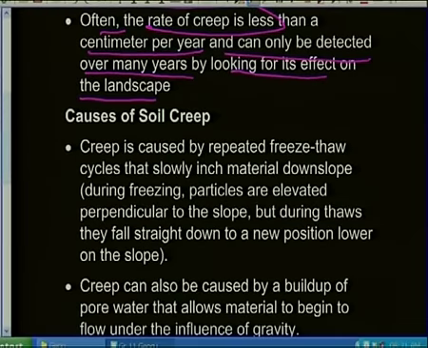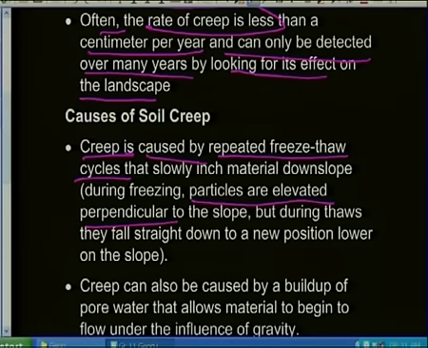What causes soil creep? Creep is caused by repeated freeze-thaw cycles. Over a period of time, as climate changes, we experience freeze-thaw. This is largely the lowering of temperatures against the soil, which results in the soil becoming frozen for a period of time, and then during higher temperatures, releasing that energy and falling down.